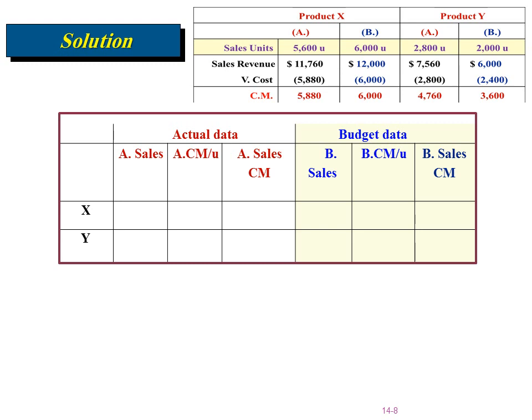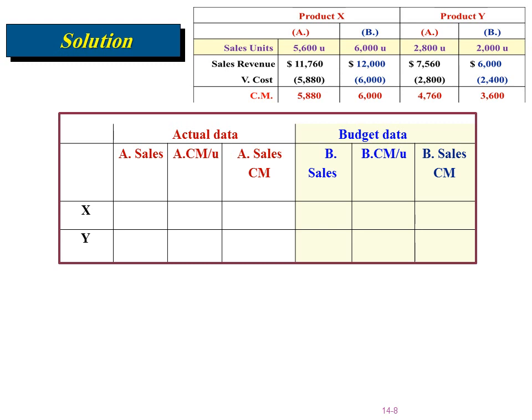Here I have only two kinds of products, X and Y, and I need actual sales, actual contribution margin per unit, and actual sales contribution margin, I mean total contribution margin actually. Here also we have budget sales, budget contribution margin per unit, and the total budgeted contribution margin.